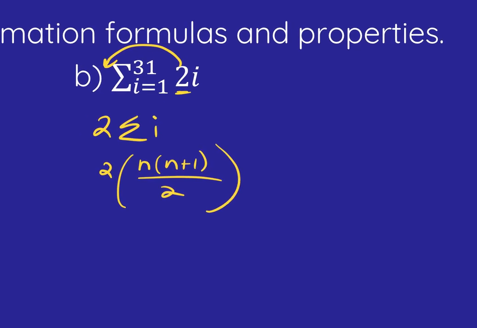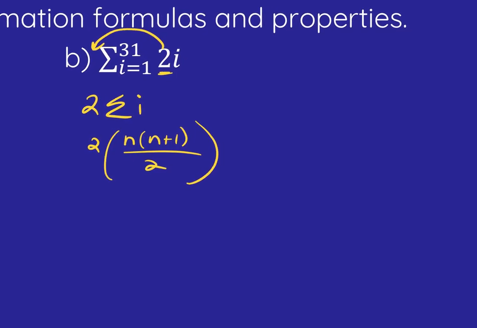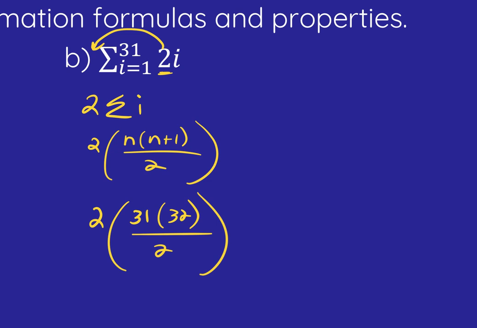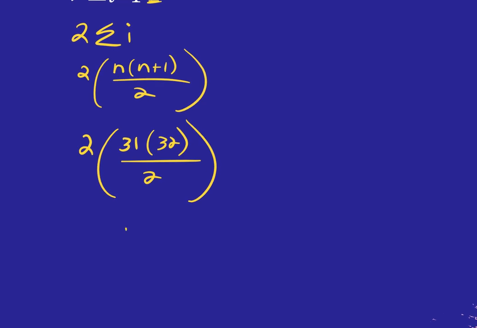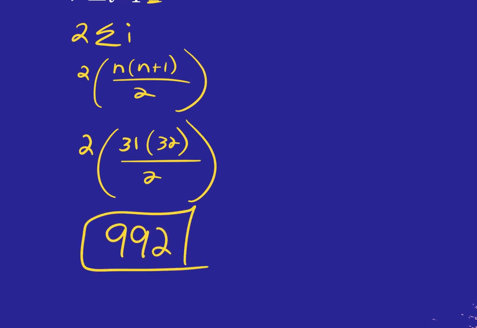And n this time is 31. So this is 2 times 31 times 32 over 2. You can cross out your 2s and just type 31 times 32, or type the whole thing in. Either way, you should get 992.